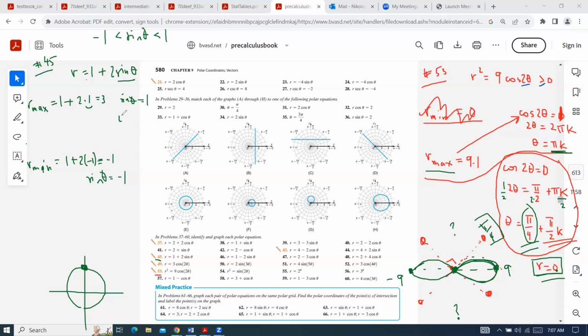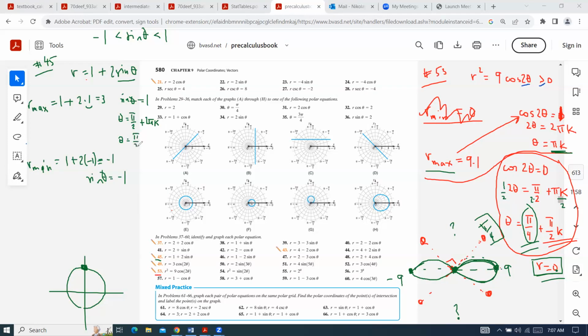So angle theta is pi over 2 plus 2 pi k, so we don't worry about dividing anything by a period. That's pretty straightforward. You just care about angle pi over 2.